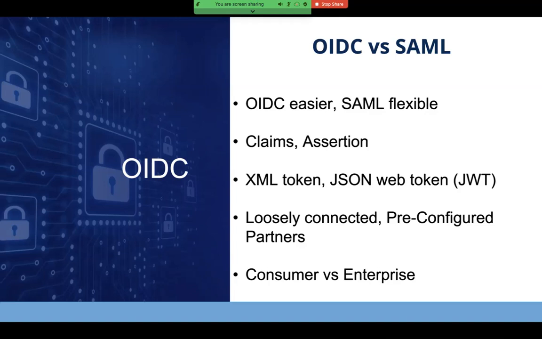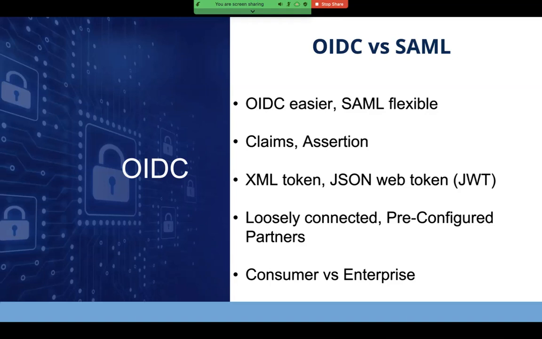So if you use a scope such as profile in OIDC, which may have 5 or 6 elements, an assertion can have infinite number of elements. And you have the ability to digitally sign each of those elements and encrypt those elements as a whole or individually, and it's up to you, right? It's up to what that partnership requires, right?